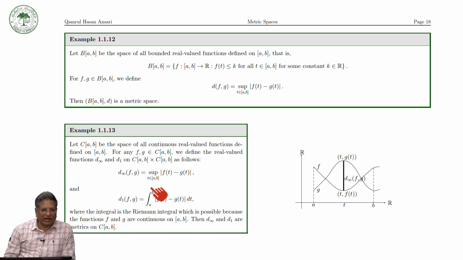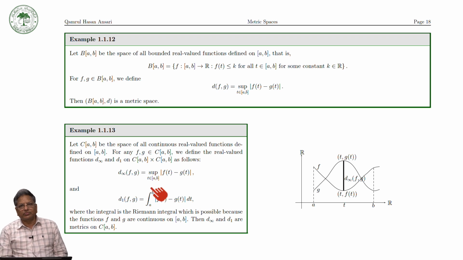Here C[a,b] is the space of all continuous real valued functions defined on the closed interval [a,b]. So the question is, what is the distance between any two elements in this space? For that we have defined the metric d infinity in this way and d1 in this way.